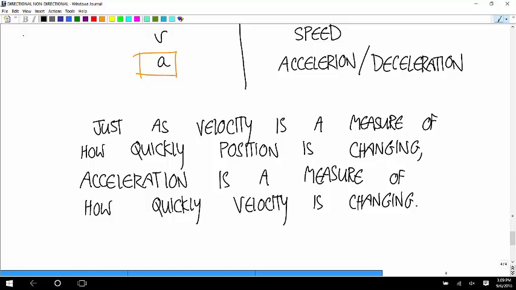And so you would expect the formula for acceleration to look similar to the equation for velocity, just replacing position with velocity. And it turns out that's exactly what it is.